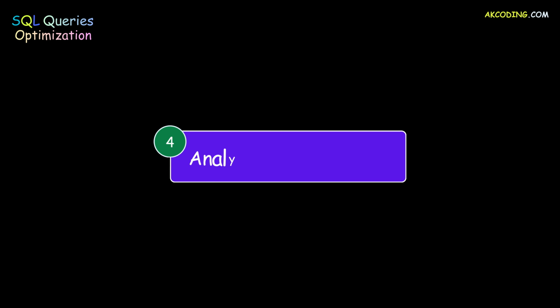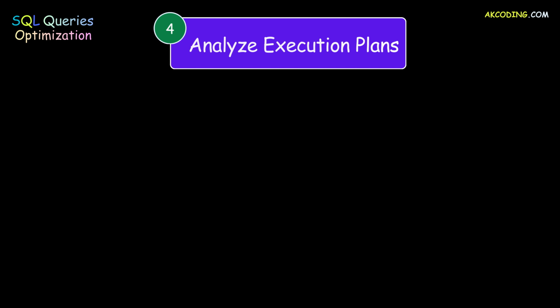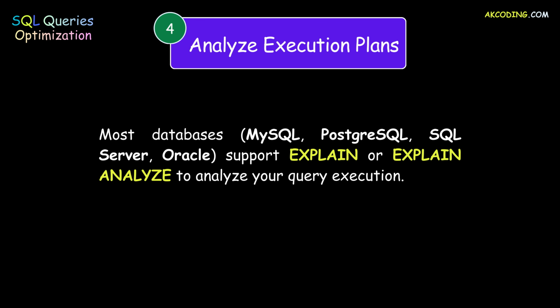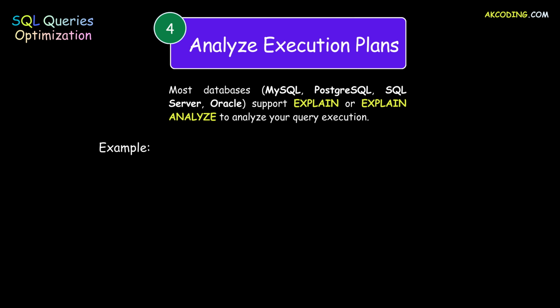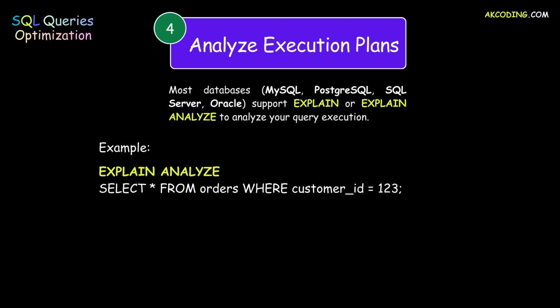Number 4. Analyze execution plans. Know what's happening. Most databases like MySQL, PostgreSQL, SQL Server, Oracle support EXPLAIN or EXPLAIN ANALYZE to analyze your query execution. For example, in PostgreSQL: EXPLAIN ANALYZE SELECT * FROM orders WHERE customer_id = 123.